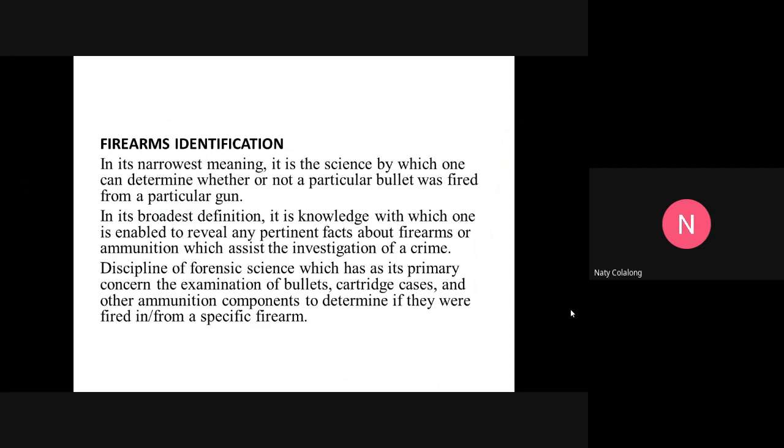In its discipline of forensic science, it has as its primary concern the examination of bullets, cartridge cases, and other ammunition components to determine if they were fired from a specific firearm.